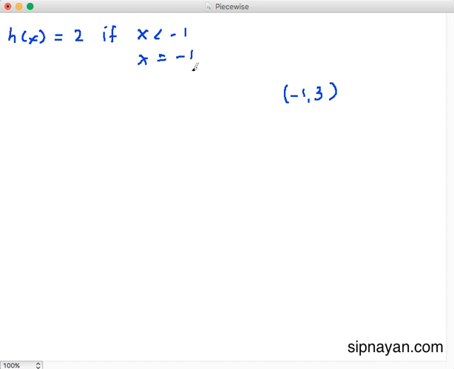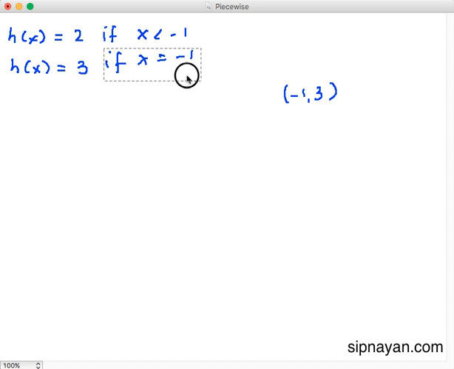And what is the value of y, which is pag ginawa nating h, it's still part of the function, so h pa rin siya. So magiging h of x is equal to 3 if x is equal to -1. So this is a point, x equals -1 and y equals 3. This is that point, yung second line natin.